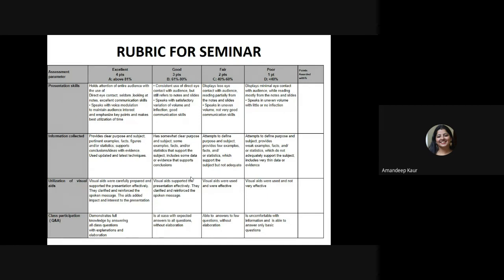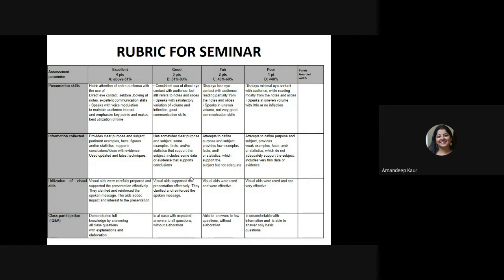These kinds of rubric sheets are mainly used for internal evaluation purposes. For example, for a seminar activity, we have divided different dimensions as presentation skill, information collected, utilization of visual aid, and class participation. As far as the scale of the rubric is concerned, we have divided the scale into 4 different categories: excellent, good, fair, and poor, as per the criteria defined by the university.